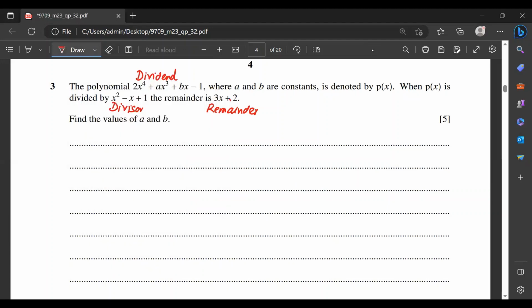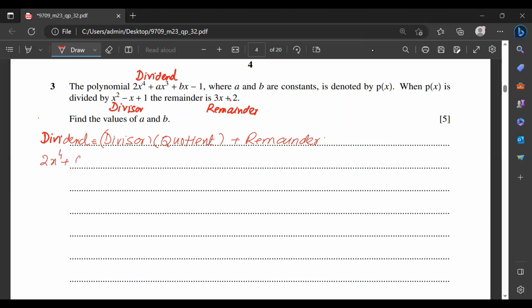Recall the basic identity: dividend equals divisor multiplied by quotient plus remainder.